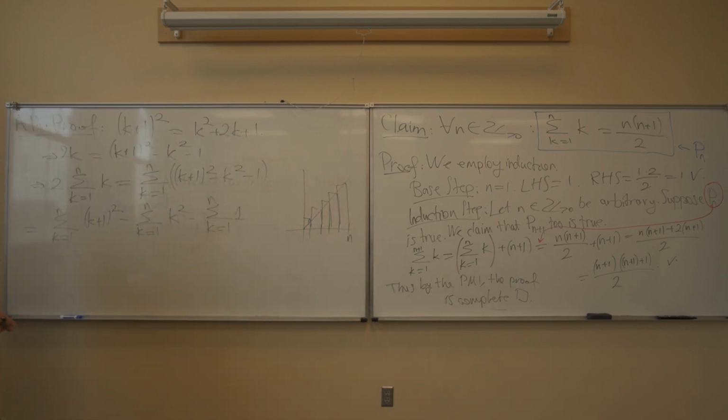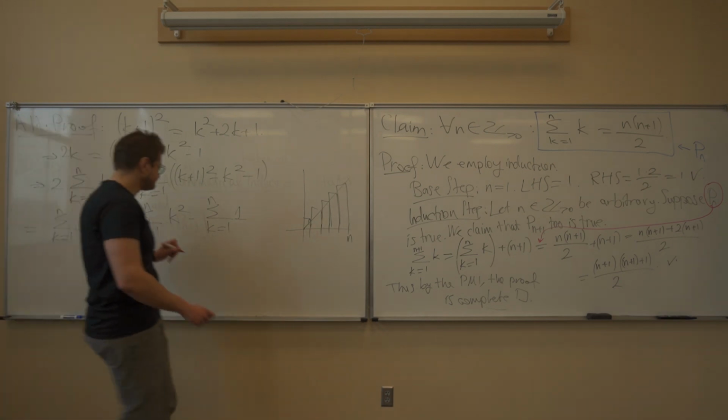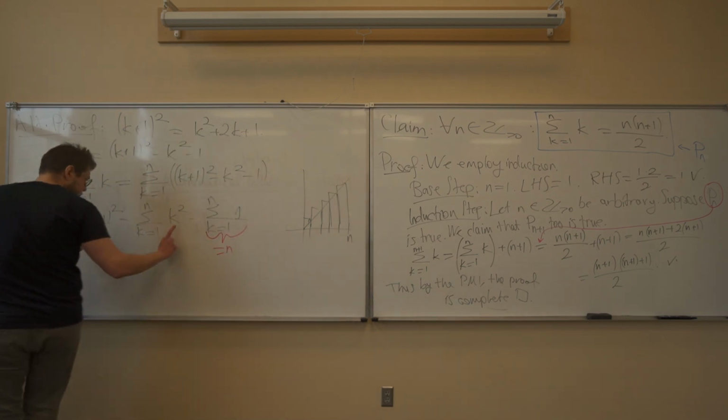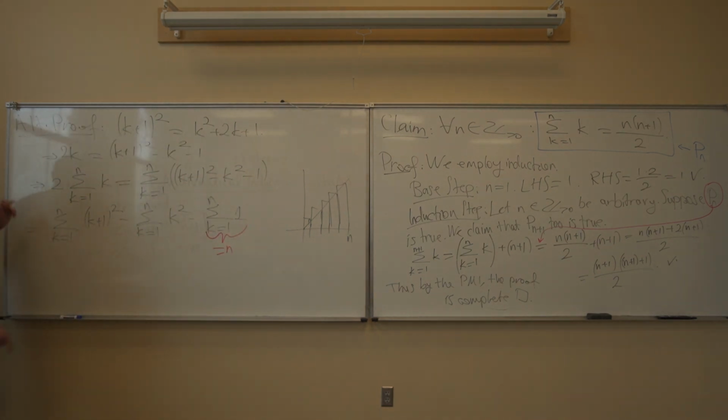Okay. Now this last term equals n, of course. I'm adding 1 n times. This is 2 squared and so on, all the way up to n plus 1 squared, minus 1 squared, minus and so on, all the way up to n squared.